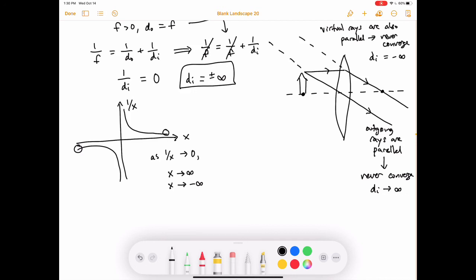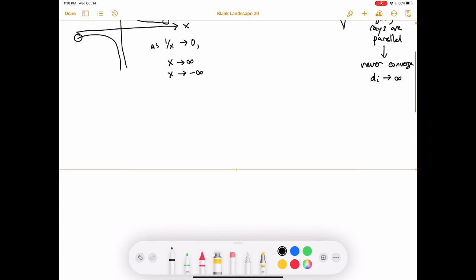Okay, lastly, let's look at the second question, which is we have an object placed infinitely far away from a converging lens. Okay, so in other words, DO is now going to infinity.